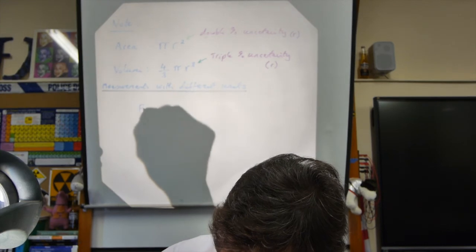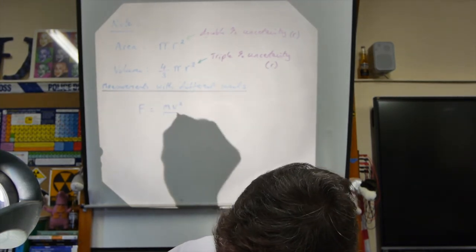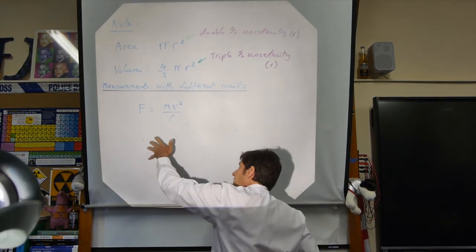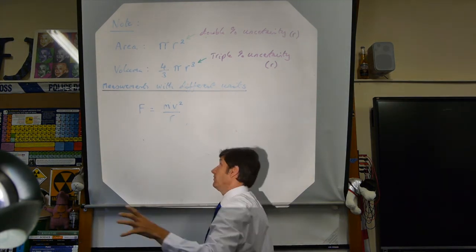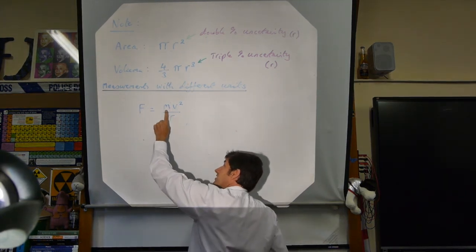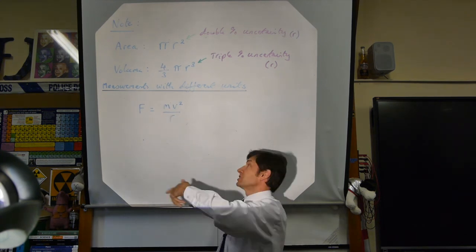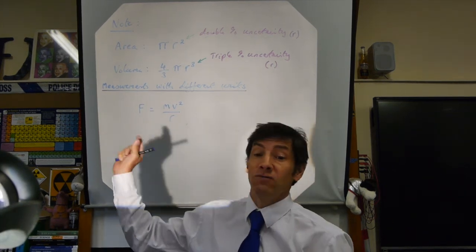So F is equal to mv squared upon r. Don't worry too much about the physics behind the formula, but if you have to calculate that force, you're going to take a mass and multiply by the velocity squared of the mass going round and divide by a radius of orbit.